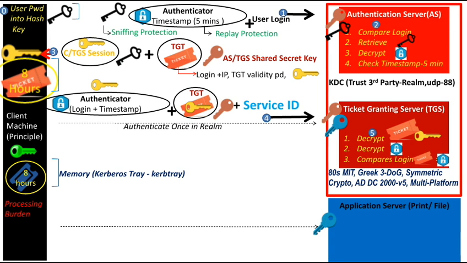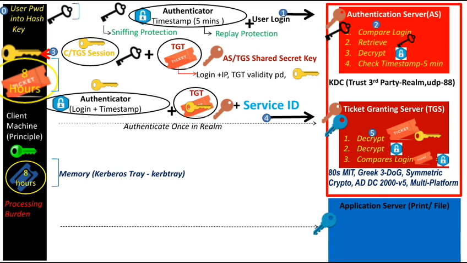Then it retrieves the information inside the authenticator, that is the user login, and it compares this user login with the login which is inside the TGT. So it basically compares the data inside the TGT and the data inside the authenticator.